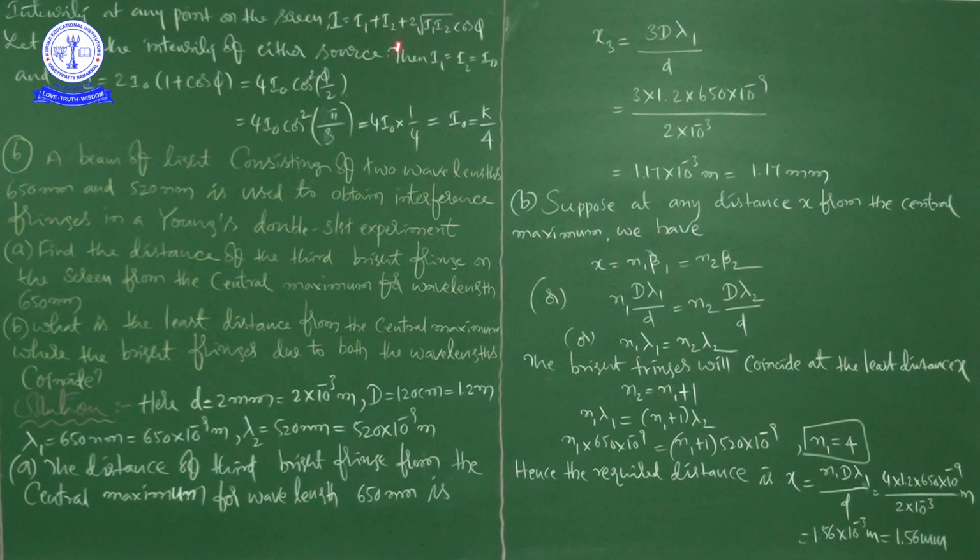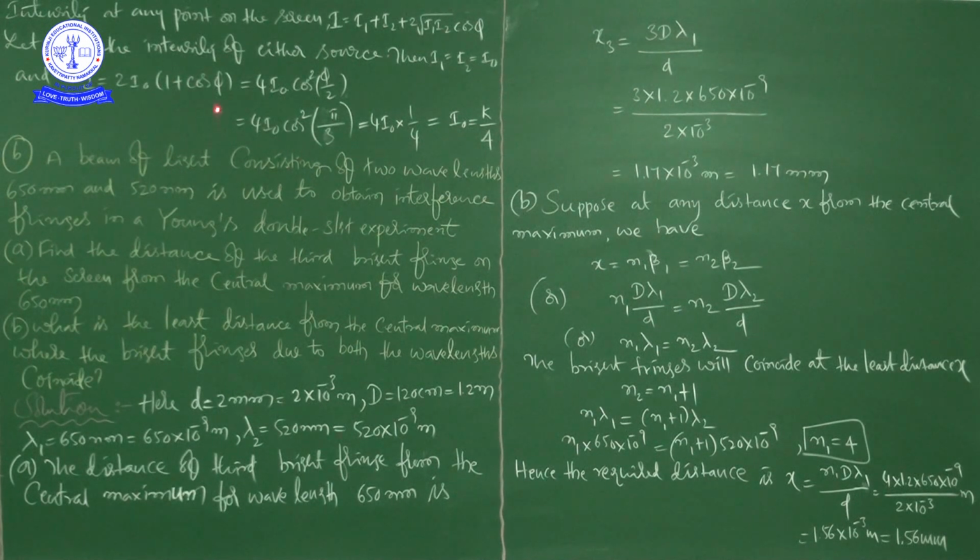So 2 I naught plus 2 I naught cos phi, mathematically, right? If you take 2 I naught outside, I is equal to 2 I naught into 1 plus cos phi, right?